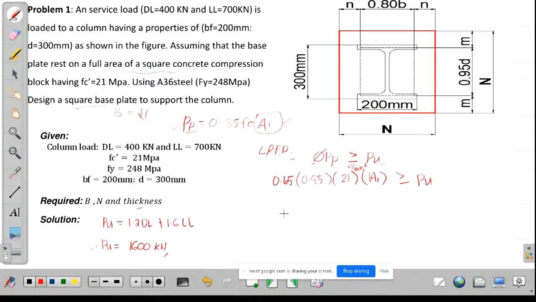So, ano yung value ng area 1 natin dito? So, kindly solve this. So, yung area 1 natin should be greater or equal to. So, yung makukuha natin dito is in mm squared. So, yung PU natin dito is 1,600 times 1,000 in Newton. So, what would be our area 1?